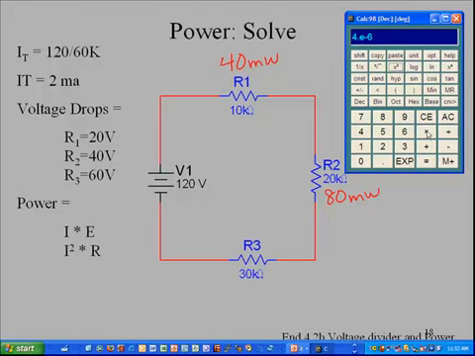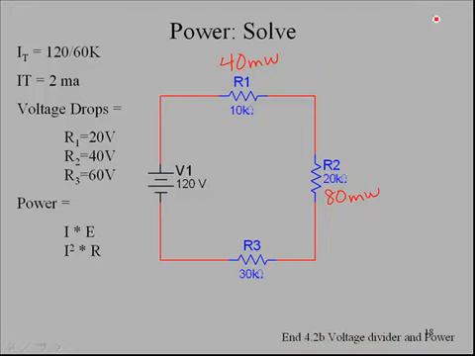And then we'll take that times the resistance, and in this case it is 30K. So we will say times 30 exponent 3, and we'll get 120 milliwatts.